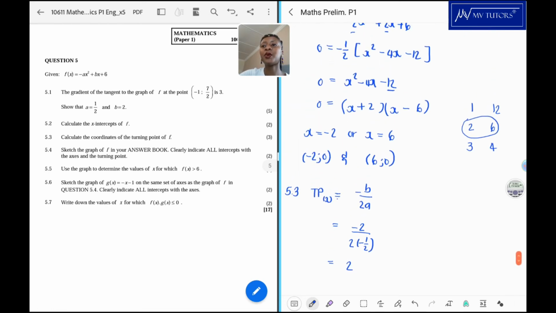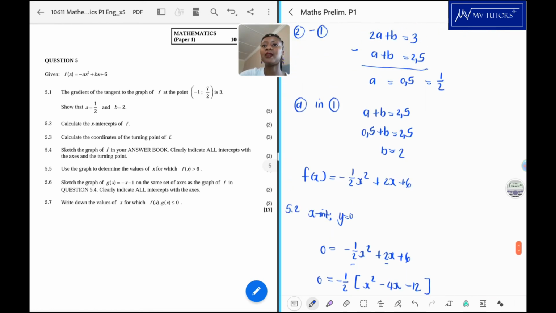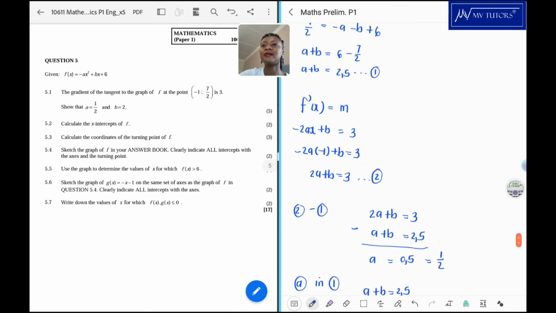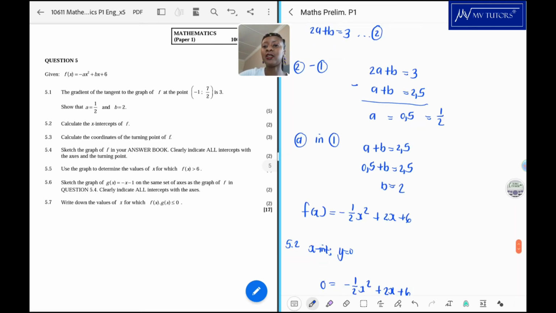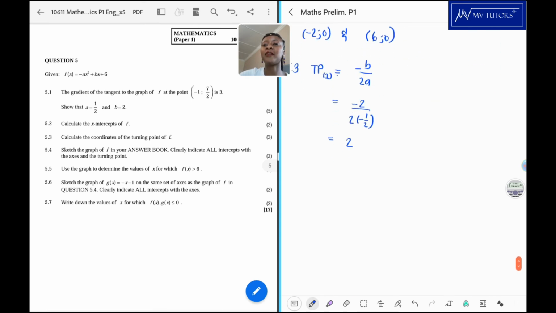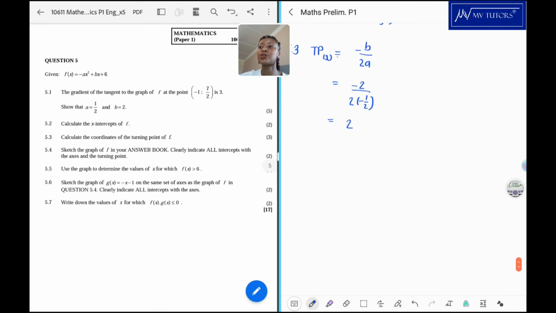So my turning point should be somewhere, I drew the, yeah. So my x value should be 2. Okay, but now I need to get the y value. To get the y value, you need to substitute this 2 into the equation. So y is equal to negative half times 2 squared plus 2 times 2, right?